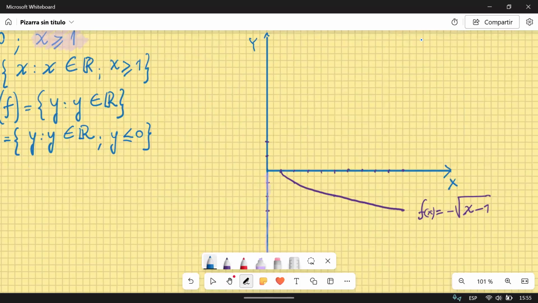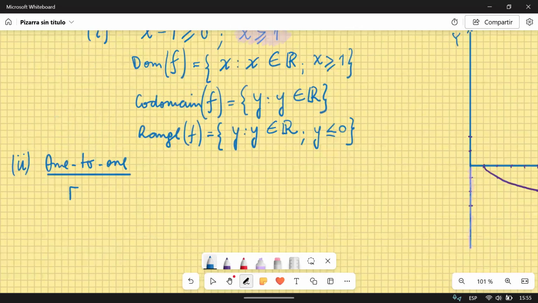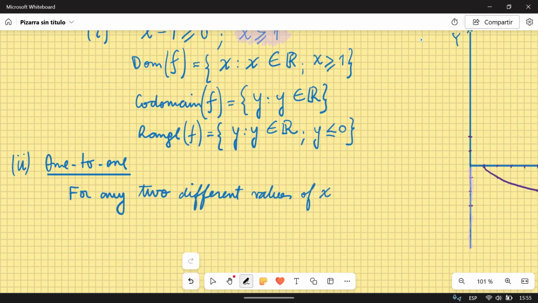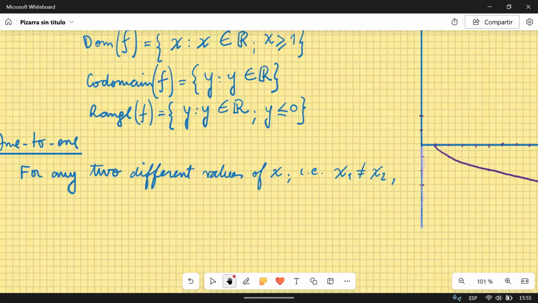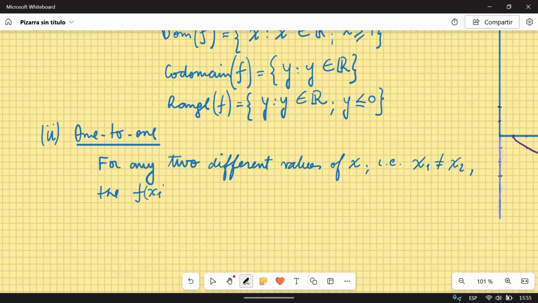And this is true. For any two different values of x that belongs to the domain of the function, this is x1 different from x2, then f of x1 is different from f of x2.